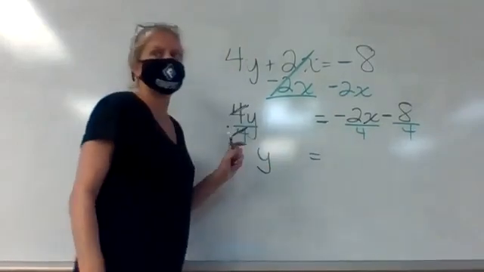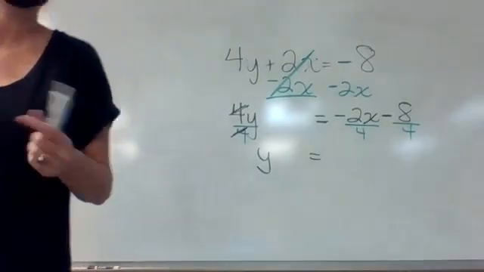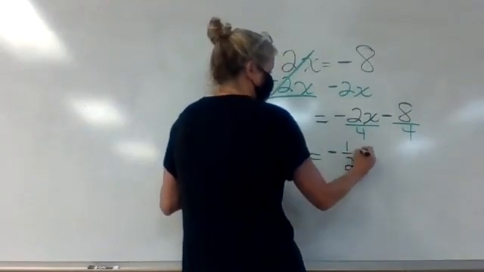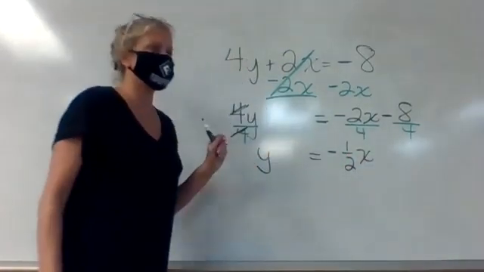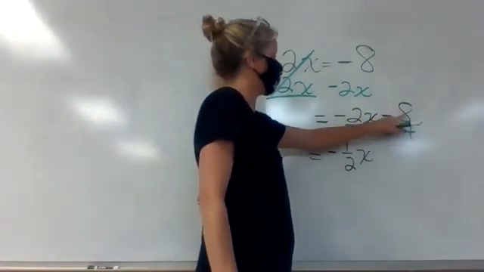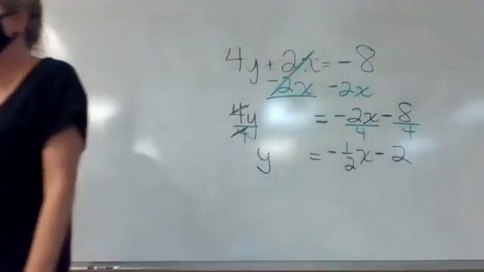So let's see if they reduce. What does negative 2/4 turn into? Negative 1/2. Right? So that does reduce. So negative 1/2 x, then minus 8/4. So I'm dividing here. 8/4 gives me, right, so minus 2.